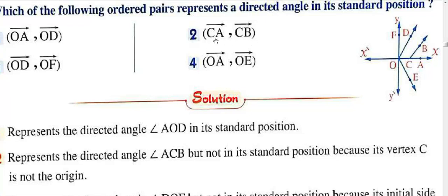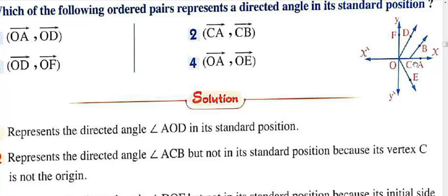We can say ACB represents the directed angle, but it's not in the standard position because its vertex C is not the origin. The vertex C must be put here, at O. So the angle ACB is not in the standard position.